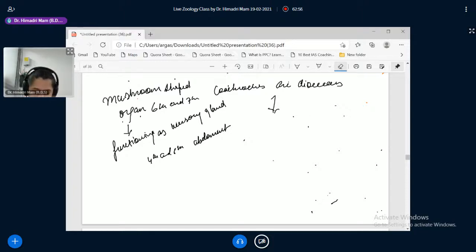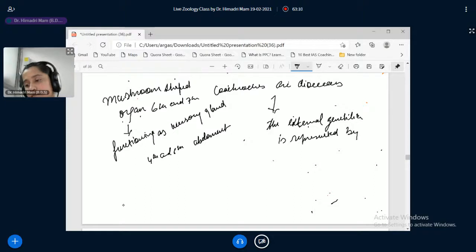The external genitalia are represented by male gonapophysis, gonophore. Right.